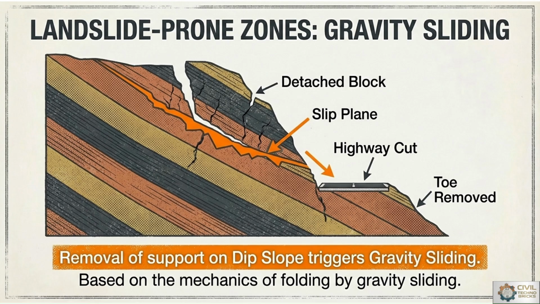Removal of support on a deep slope triggers gravity sliding, which is based on the mechanics of folding by gravity. The highway cutting and filling portion may get disturbed due to the slip planes, which are in orange color. So that slip plane may get enlarged or minimized with reference to vibrations beneath the earth surface.